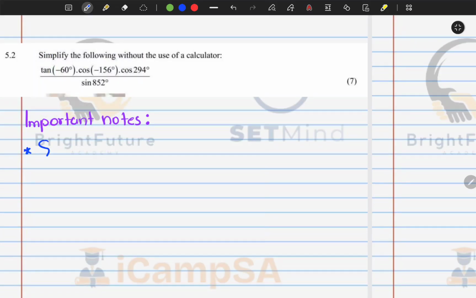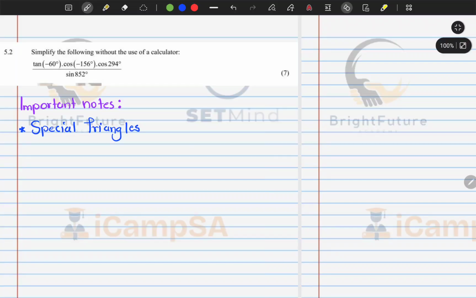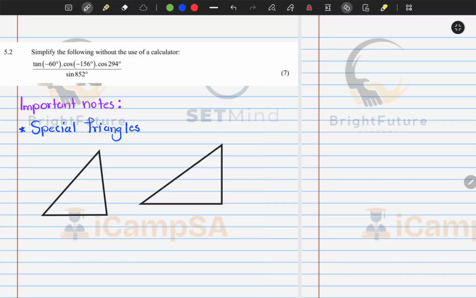As part of our important notes, what I want to remind you of is your special triangles. If we can draw them, we have two, like this one and another one like that one.